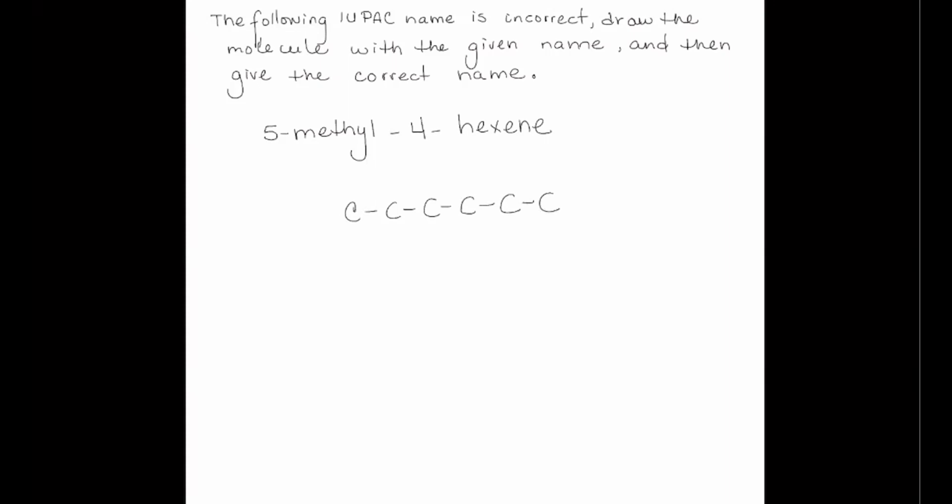My carbon-carbon double bond is between 4 and 5. And then the methyl group is on 5. So this is my condensed structure based on this name that is incorrect.